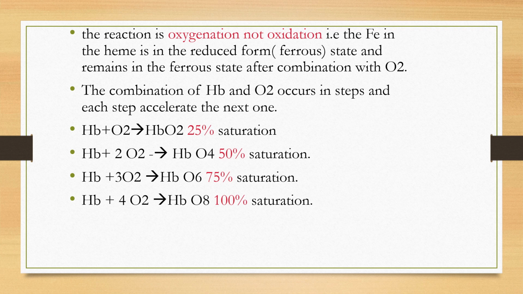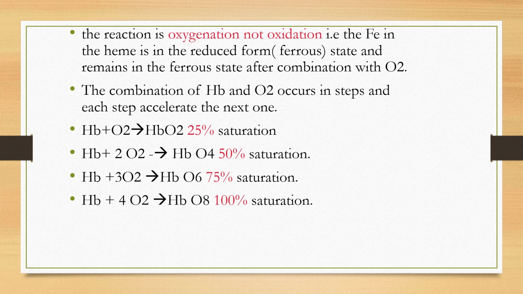The ferrous in hemoglobin remains ferrous, not becoming ferric, and each hemoglobin molecule contains 4 globin chains, each with ferrous, for 4 oxygen, and it can carry it in cascade manner, and each step can accelerate the next step to occur.